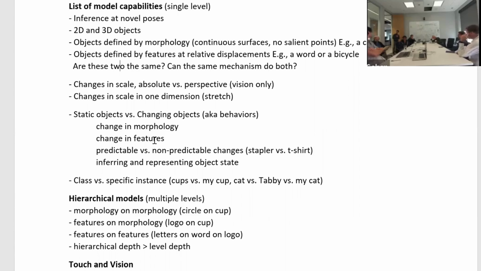Could I just do a little pushback on that? Because you keep saying that a circle has no features. What was the word I used up there? Continuous surfaces, no salient points. But they have boundaries. Those are salient. Well, they're not specific. Salient, in my meaning, is different than the rest.